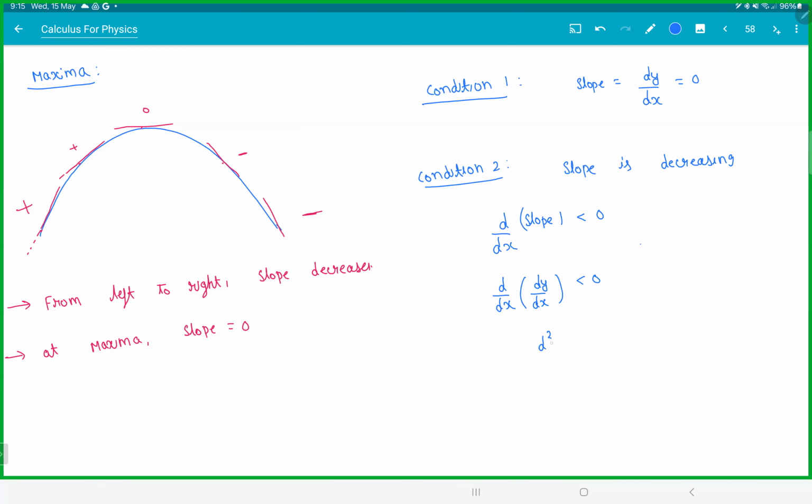This is your second condition. The double differential should be negative. If anything satisfies these two conditions, we say the point is a maxima. So condition 1 is slope is 0. Condition 2, the double differential is negative. Let me show you in applications how it looks. But for now, mathematically, just remember this. We'll see in numericals how this works out. Do have a look at this.